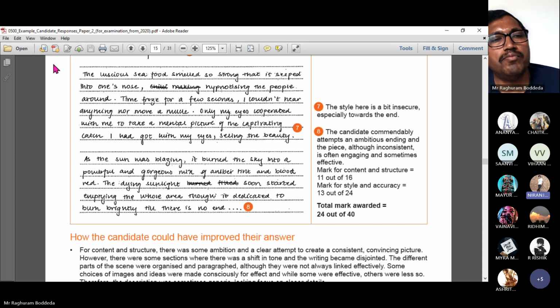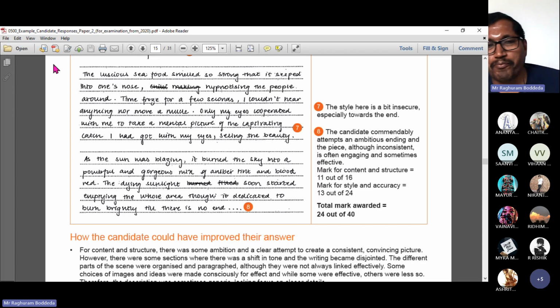I couldn't hear anything nor move a muscle. Only my eyes cooperated with me to take a mental picture of the captivating scene.